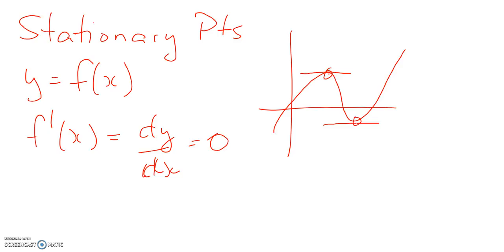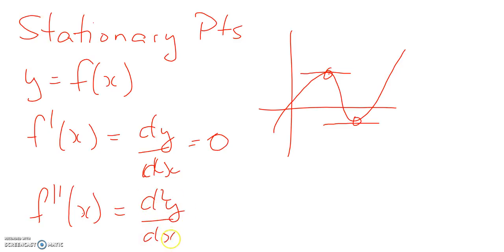So f dash of x equals 0, that's our stationary point. Now, if f double dash of x, which is your second derivative, so if you differentiate the derivative again, is greater than 0, then that implies that you're dealing with a minimum.